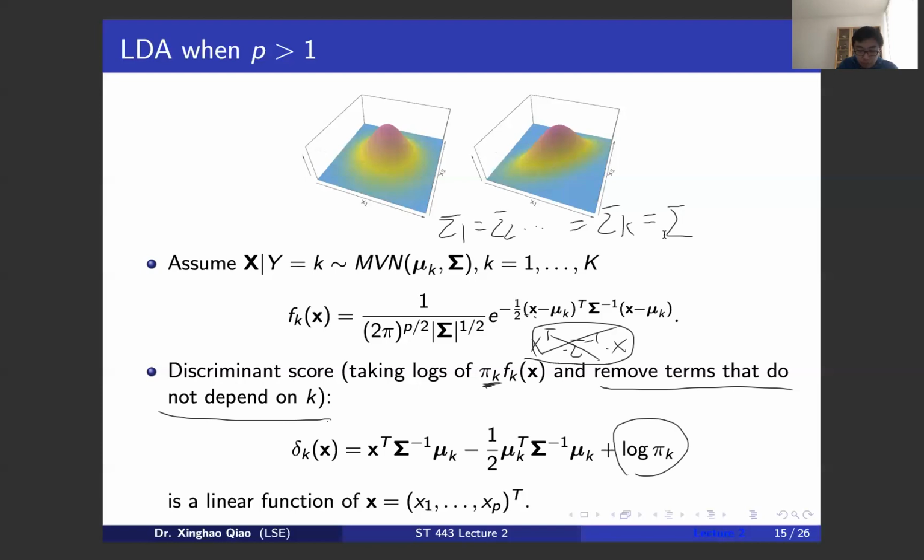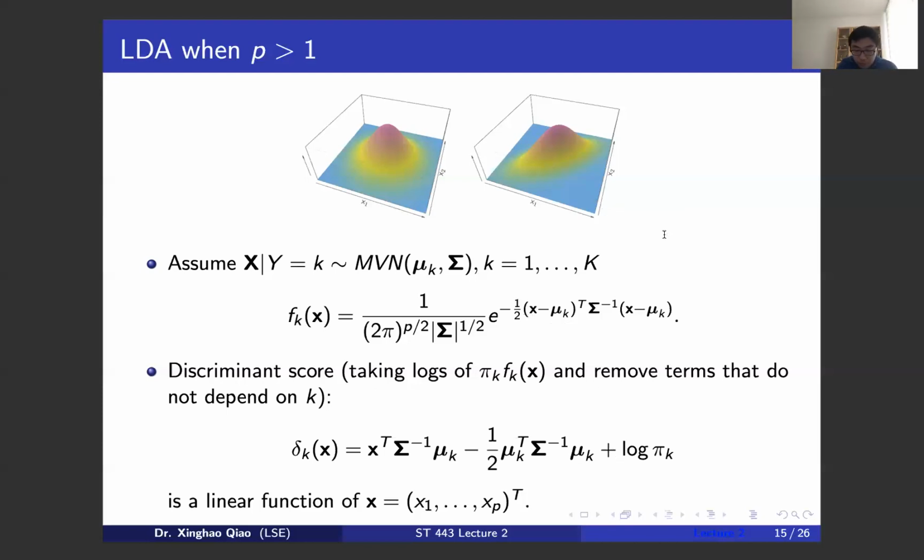Taking the log of that part, that will be minus 1/2 x transpose sigma inverse mu k, and because you have minus and minus, it will be positive. If you take the mu k here and the x here, you may have the second term.